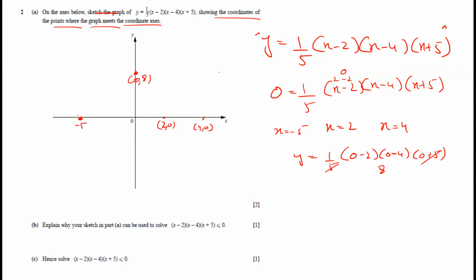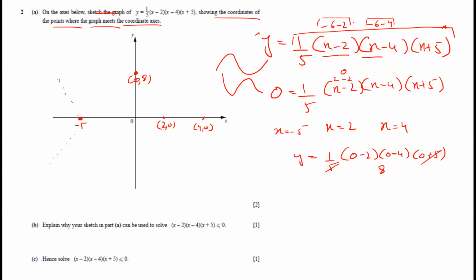Now we need to sketch. The graph can be like this, it can be like this, but we don't know what the direction of the graph will be. For example, will it be intercepting from underneath or from above? To check, we have again this equation. If your x is less than minus 5, let's suppose minus 6, then minus 6 minus 2 would be negative, and minus 6 minus 4 would be negative.